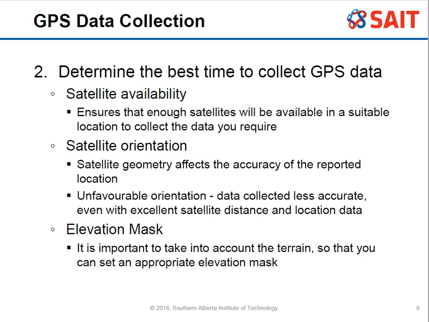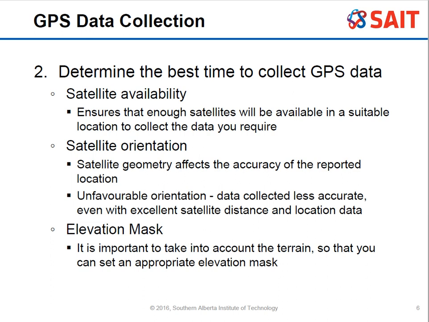And then we have the satellite orientation. So we talked about DOP values. So the geometry affects the accuracy of the location. And if you have unfavorable orientation, you'll end up with less accurate answers, even if the satellite distance and location data is really good. So that geometry is really, really important. Those DOP values are essential.